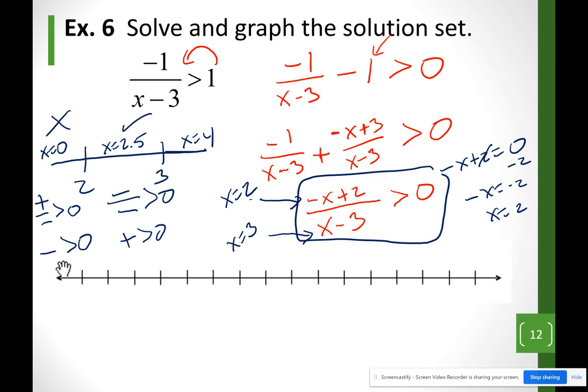See how I'm not interested in the number, I'm just interested in the sign. Now let x equal 4. Negative 4 plus 2, that's a negative. 4 minus 3, that's a positive. Is a negative more than 0? No. So my only set where it worked is from 2 to 3.